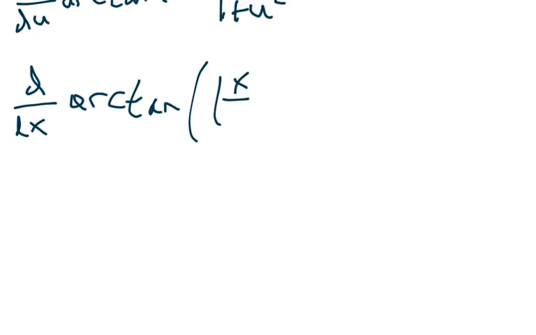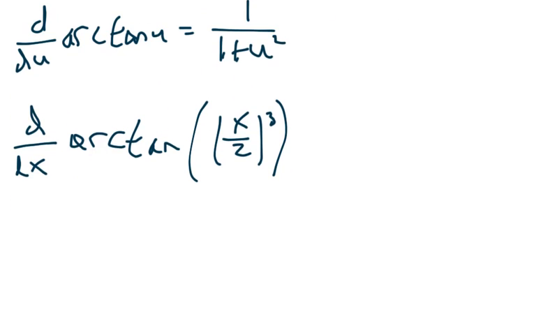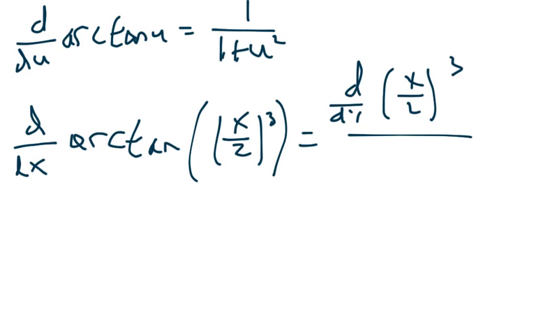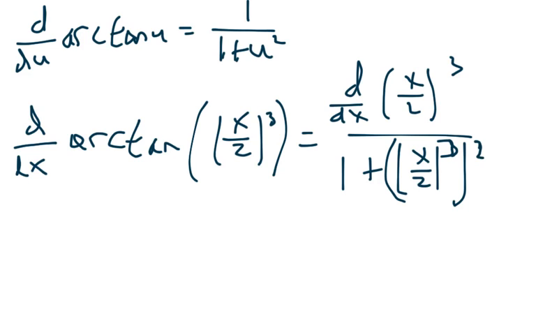And I have (x over 2) cubed. So this is going to be d/dx of (x over 2) cubed on top, of course, and on bottom, 1 plus (x over 2) cubed, all of that squared, because I have this whole argument squared.